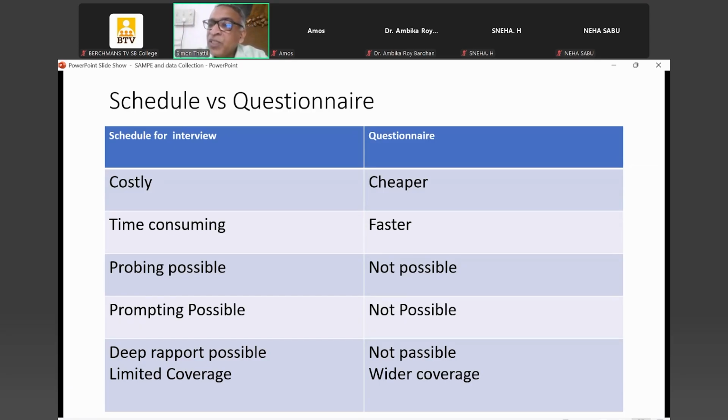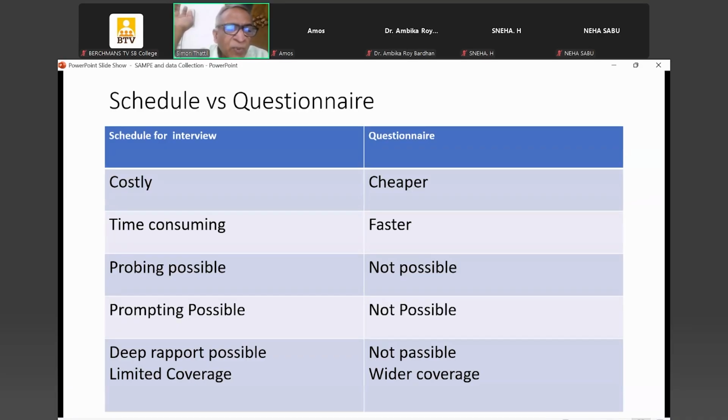I'm not personally going there, I'm not personally meeting the respondents, so it's cheaper. The interview is time consuming; the questionnaire is a bit faster. Probing is possible in an interview. This is not possible with a questionnaire, because once an answer is given, the questionnaire is submitted. Prompting is possible in an interview. You can give clues, you can give recall methods, but that's not possible here.